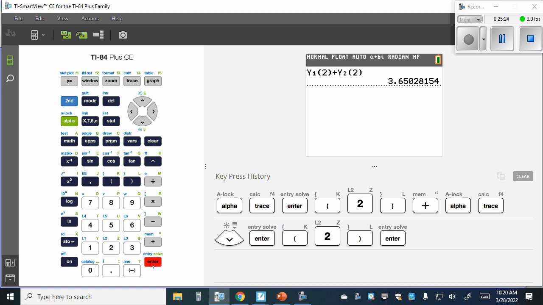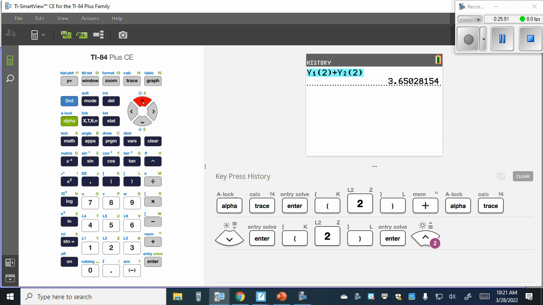Now, we could go through for subtraction because we're still using the same two functions and the same number, yes? What we could do is go back and alpha trace y1, parentheses 2, close parentheses, plus alpha trace, go down to y2, parentheses 2, close parentheses, and have subtraction in the middle.